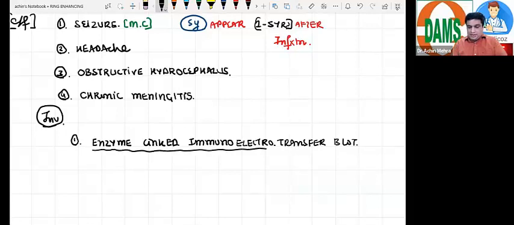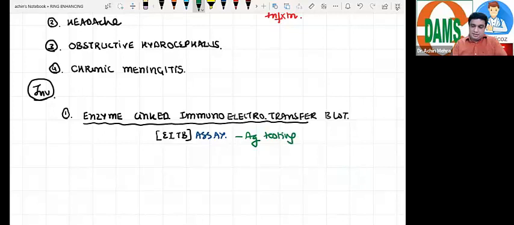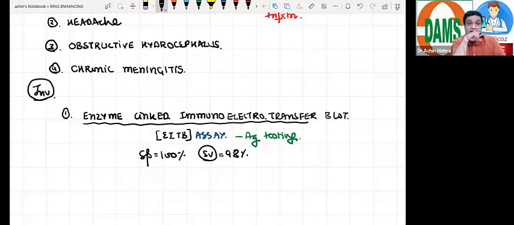This is what is known as the EITB assay. This is one blood test that we often advise nowadays. Basically, it can catch the organism very well. It's a kind of antigen testing. The specificity of this test is found to be 100%, and the sensitivity around 98%. So this is one test that we can advise to the patient.